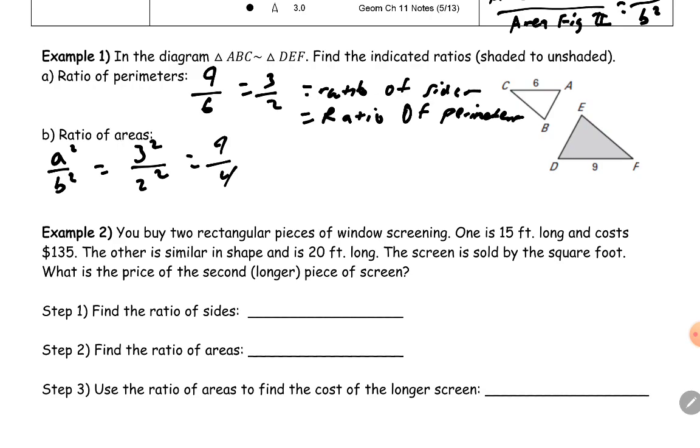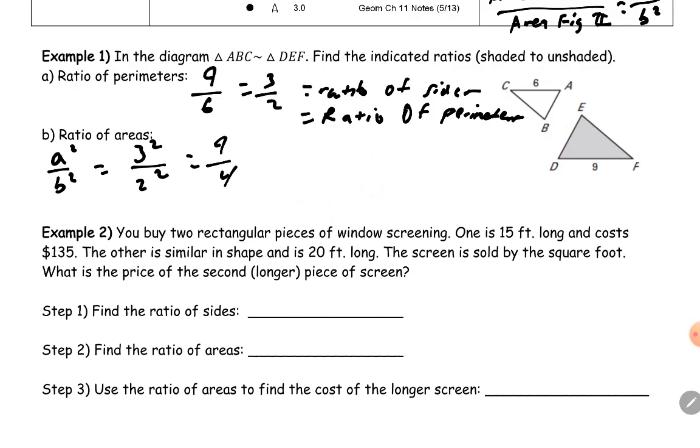If I put it as a decimal, 9 divided by 4 is 2.25. So I would say that the shaded region is 2.25 times bigger in terms of area than the unshaded.